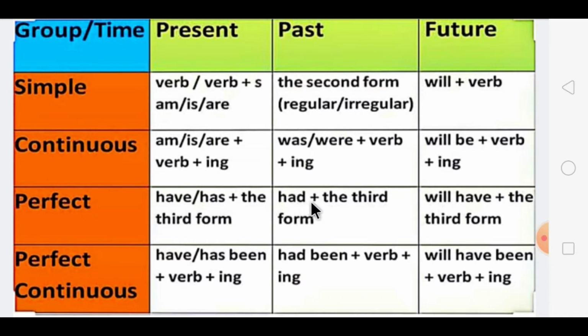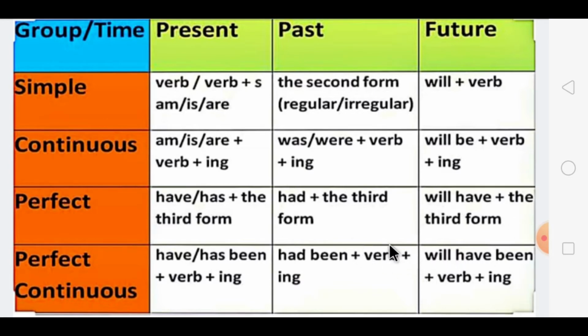Whether the subject is singular or plural, we use the word had plus the V3 form of the verb. Then the last one, that is past perfect continuous tense. In that, the form which we write is had been plus ing form of the verb. Then the future tense we will move on to afterwards.